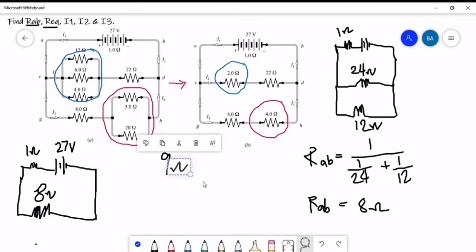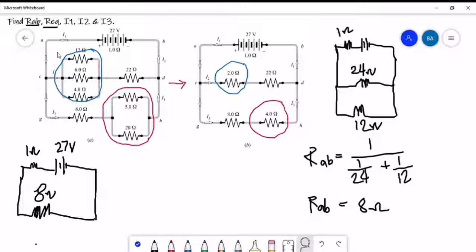Next step is to solve for I sub 1. Based on the circuit that we have right now, just ask yourself about the current that flows here. First we have a total current. To solve for the total current, we will be using our R equivalent.